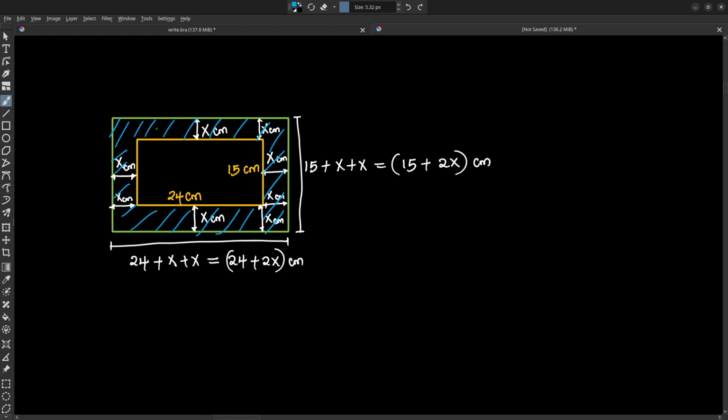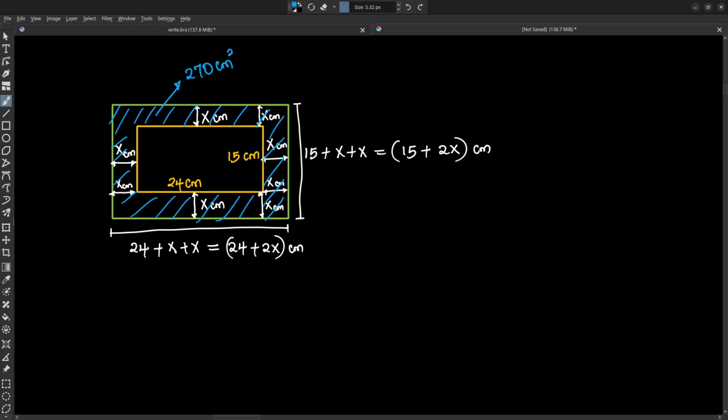At this point, we just need to ask ourselves, how would we get the area of that space? The area of that space would be the same as taking the area of this outer frame minus the area of the photograph print.